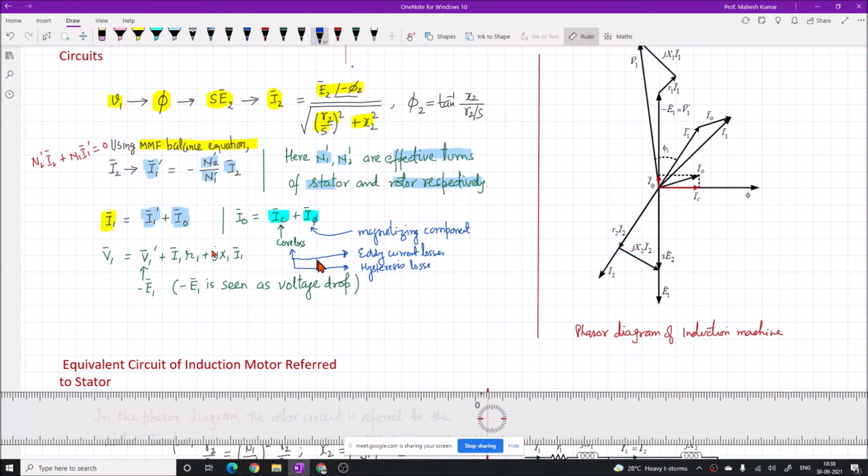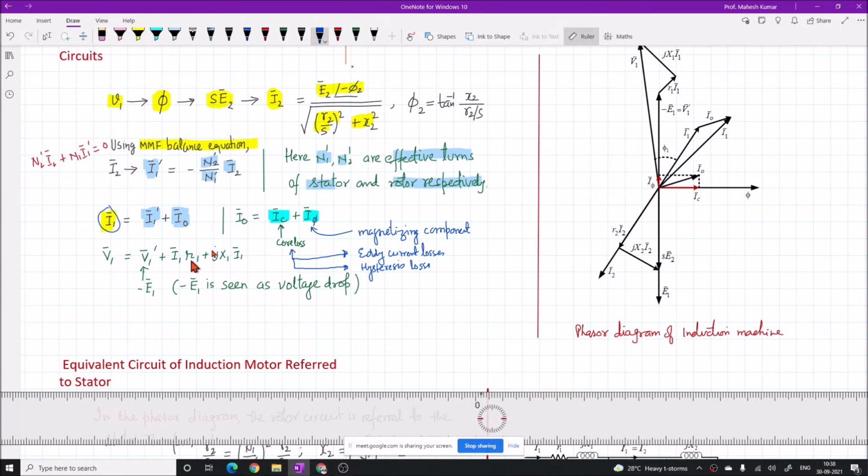Alright, the purpose of I phi is to set up the magnetic flux in the core, and the purpose of the core loss component is to account for the core losses, which consist of the eddy current losses and the hysteresis losses.